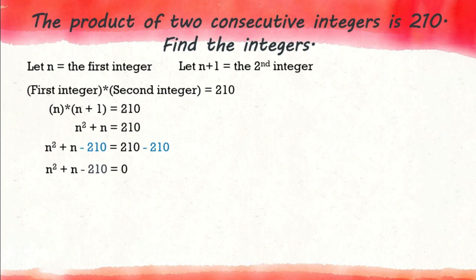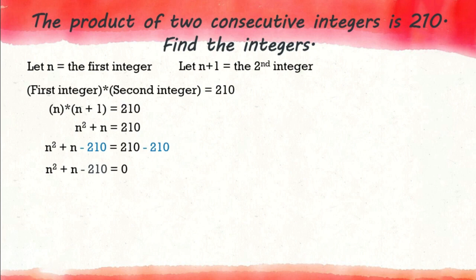In getting the factors of the polynomial, we must check if the given has a GCF, then check if the given is written in standard form. We will now factor the polynomial: factors of negative 210 whose sum is positive 1.